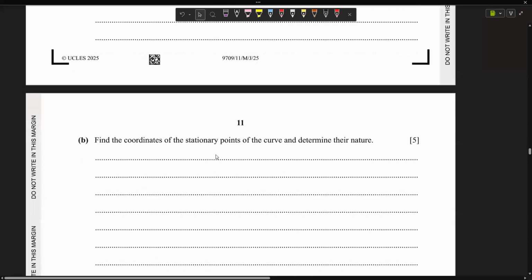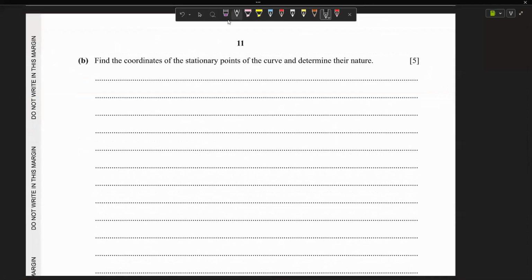Now going on to part B. Part B says we should find the coordinates of the stationary points of the curve and determine their nature. All right, so for stationary points, we know that dy by dx is equal to 0. All right, so I would say at the stationary points, dy by dx should be equal to 0.